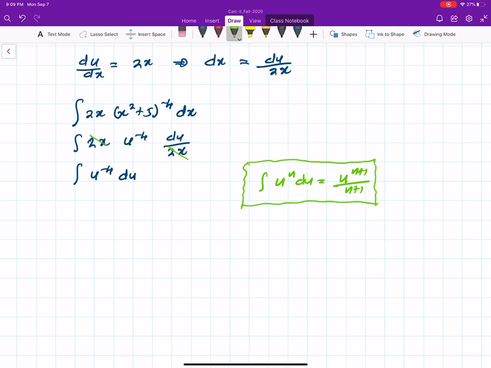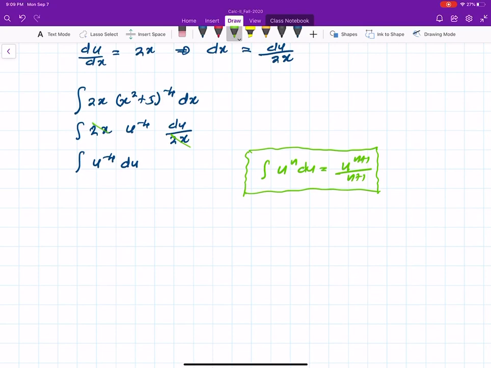Here you write u to the power minus 4 plus 1 over minus 4 plus 1. Here n is minus 4, keep that in mind. And then you have to put plus a constant. This is indefinite integration, so you have to put that.